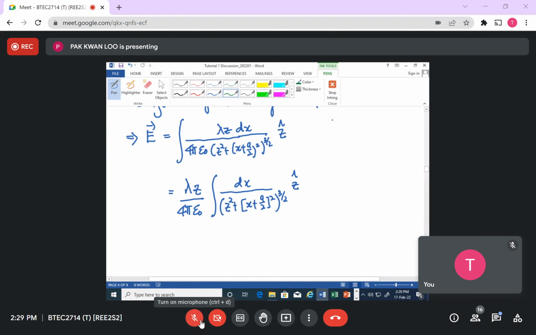We can use x plus a over 2 equals z tangent theta. Therefore, dx is z secant square theta d theta.